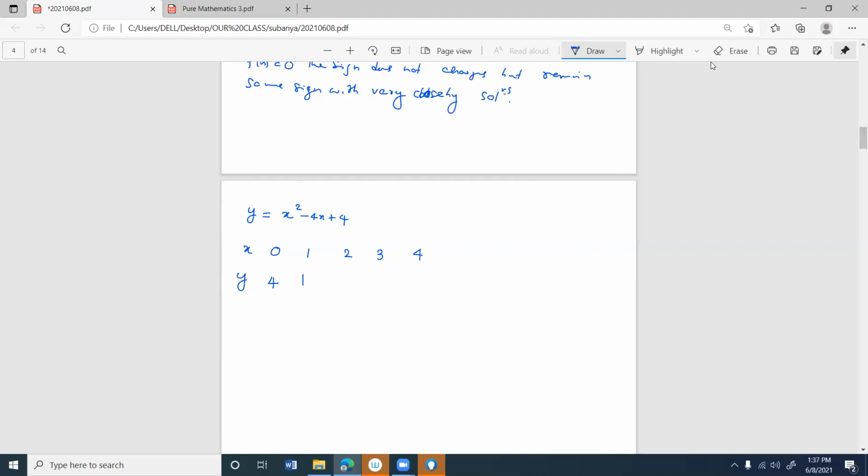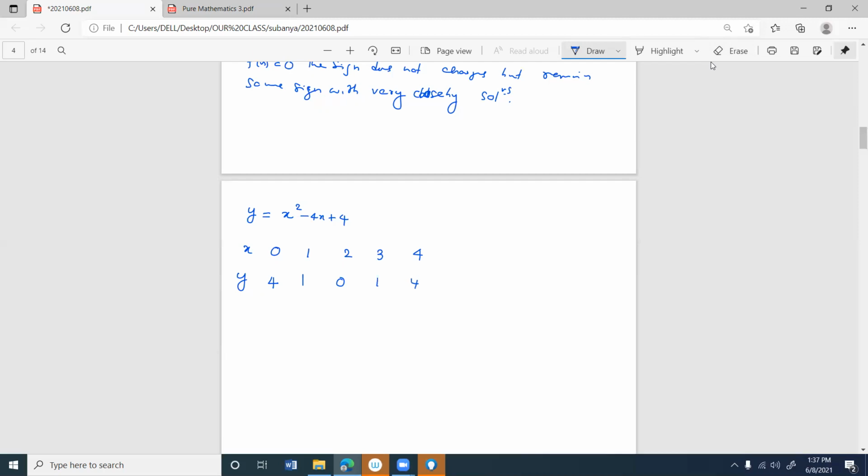If I put 2, x squared minus 4x plus 4 is 0. And if I put 3, it's 1, and 4 gives 4.